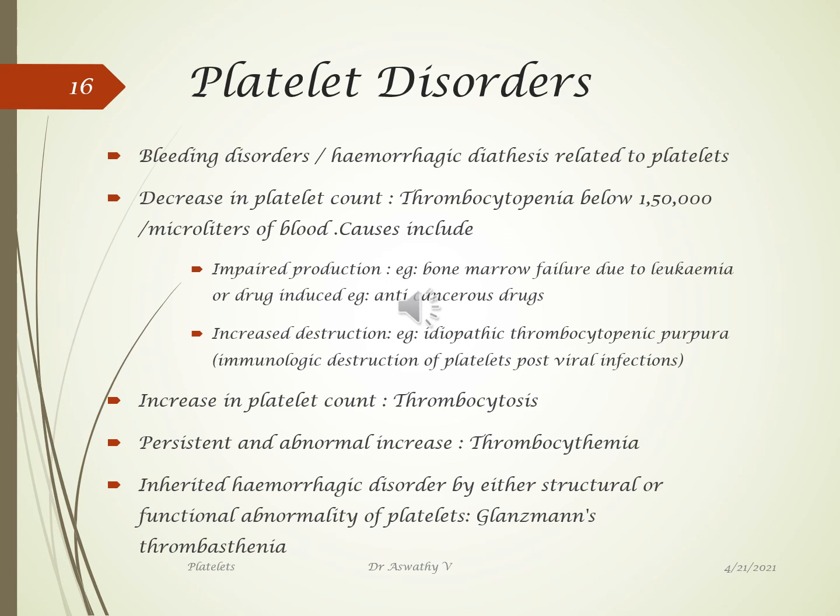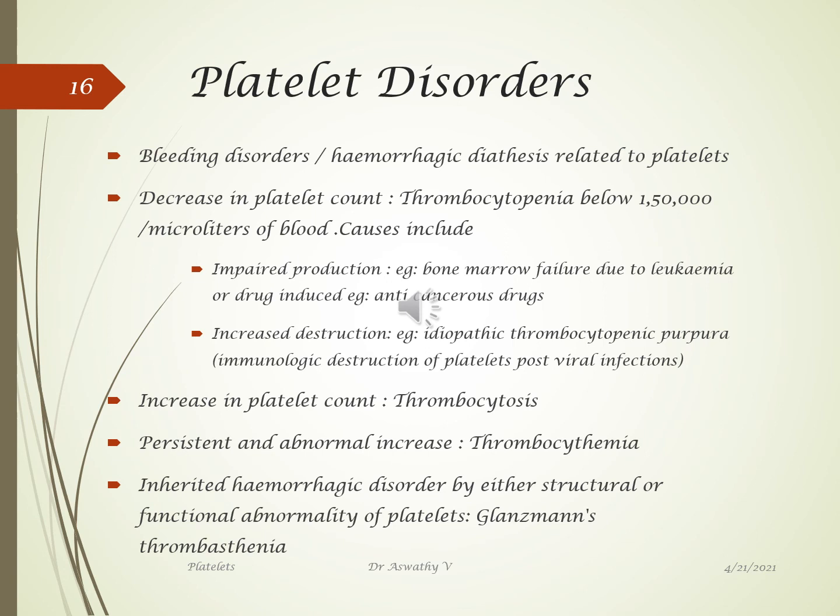One among them is platelets. So after a viral infection, there is more possibility for the destruction of what? Platelets. That is why dengue hemorrhagic fever. After dengue fever, you will get hemorrhagic fever because more destruction of platelets will occur. So such things will result in thrombocytopenia, and an example is idiopathic thrombocytopenic purpura.